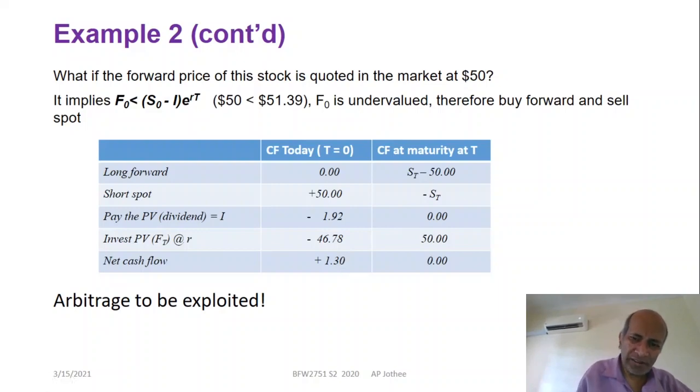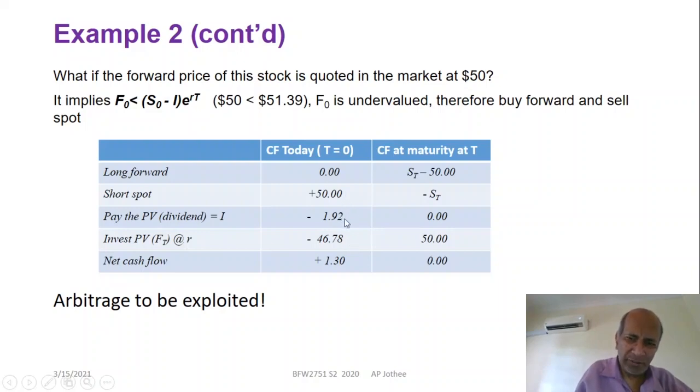But if you had calculated it the other way around, that you got the $50 here and you invest the $50 here, you should be getting more here. How much should you be getting here? You should be getting 51.39. But of course, you won't invest the $50.